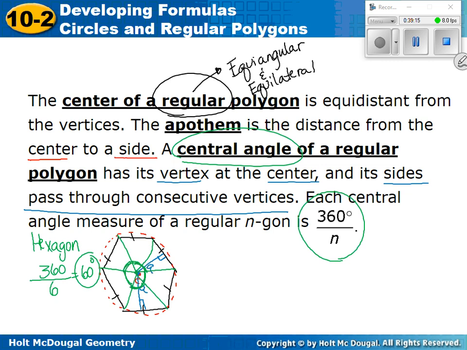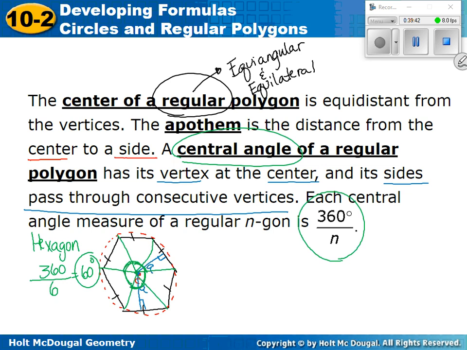And that all 5 of those central angles together makes a circle? So our central angle would just be 360 divided by 5. 360 divided by however many sides you have. That's how you find your central angle. And what's 360 divided by 5? 72? 72 degrees.